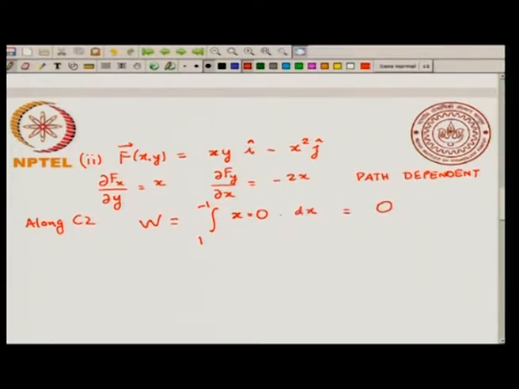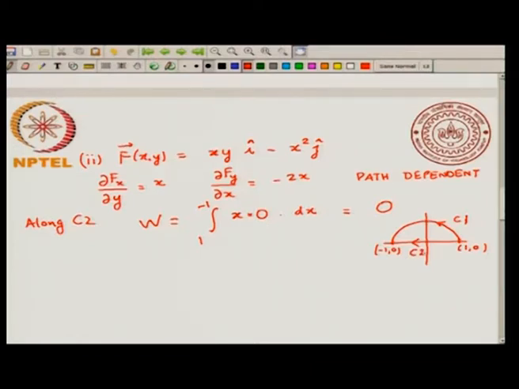So the work done is 0. So along this path C2 you do not do any work. Just to remind, C2 is the path going from (1, 0) to (-1, 0) along the axis, and C1 is the path going along the circle. So the work done along path C2 is equal to 0.